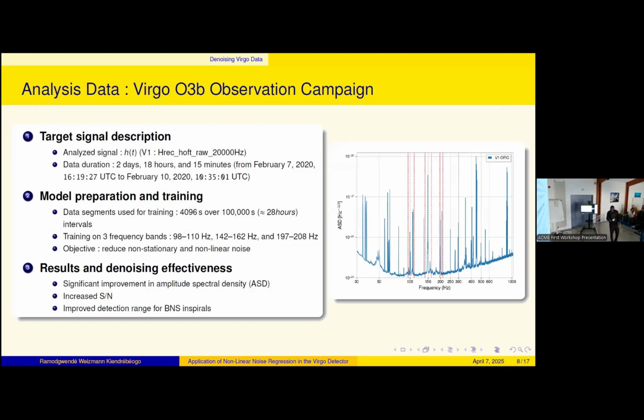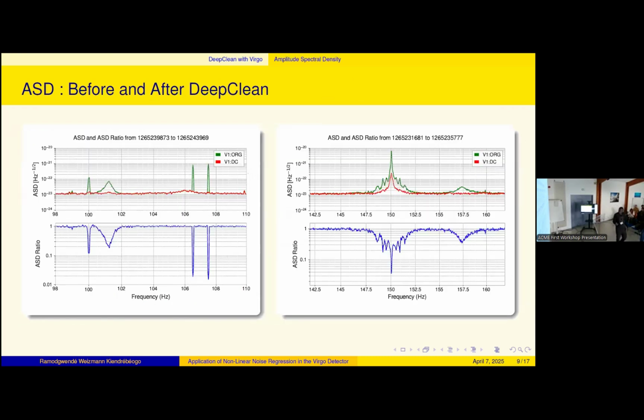Okay, for our first step, we will focus on 3 frequencies. That's around 100, around 150 Hertz, and around 200, because we would like to remove the extra noise. As a result, we show here the amplitude spectral density before and after the DeepClean process.